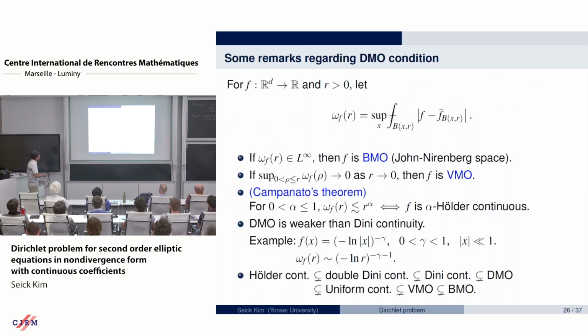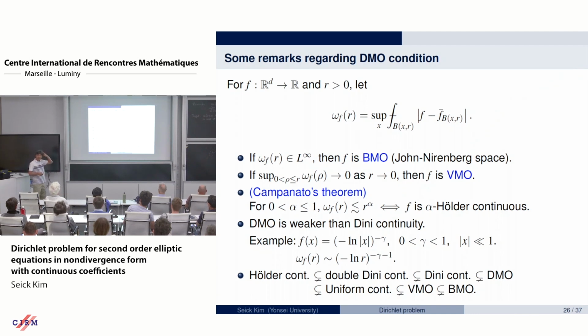Before that, I want to say a few remarks regarding this DMO condition. For simplicity, suppose f is a function defined on the entire space, and think about this mean oscillation function. If, as a function of r, it is just bounded, then this is nothing but BMO, the John-Nirenberg space.